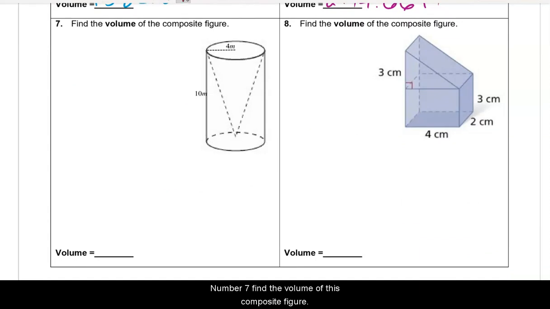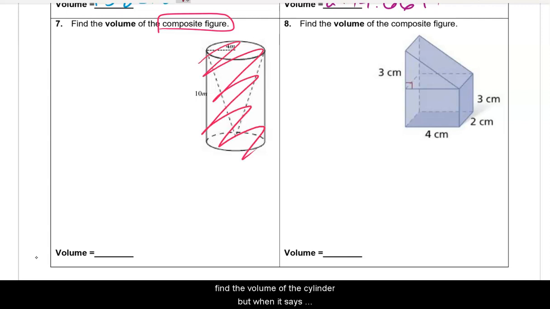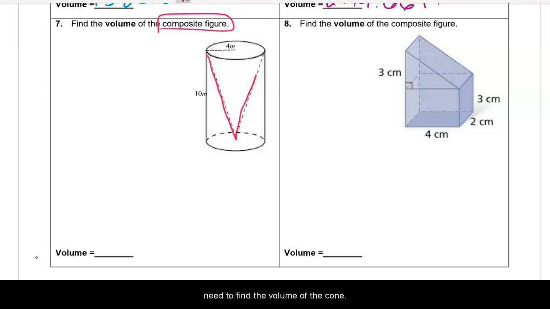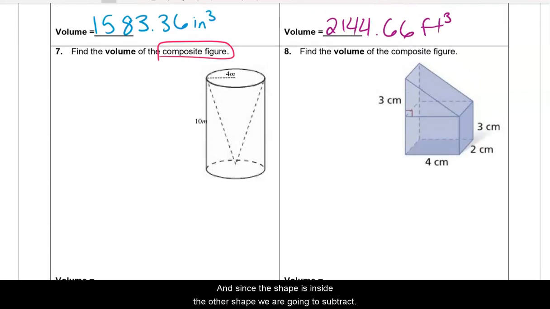Number 7, find the volume of this composite figure. When I did this the first time, I got it wrong because all I did was find the volume of the cylinder. But when it says composite figure, that means there's 2 shapes put together. So we need to find the volume of the cone, and then we need to find the volume of the cylinder. And since the shape is inside the other shape, we are going to subtract.